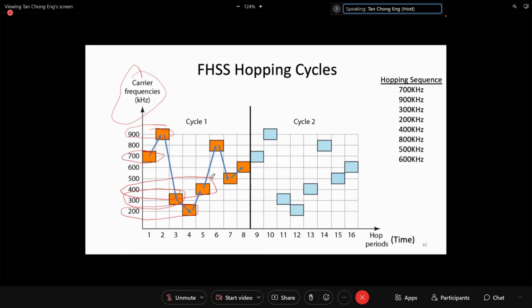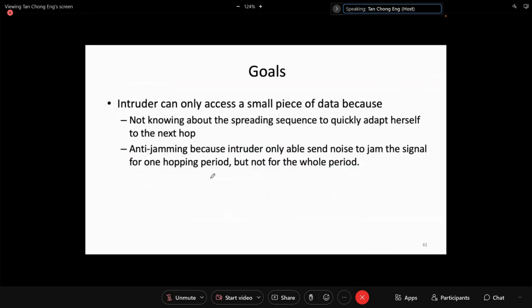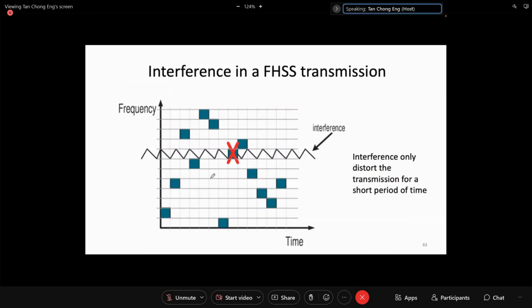You can see it change. And when you have an interference here, this interference only affects this frequency, so it will not kill your entire transmission, because your frequency is hopping around. You can see all the green dots here; only one is being affected, not every one. That kind of interference is still bearable by a lot of wireless transmission, especially in a very noisy factory. So this frequency hopping spectrum is extremely useful.